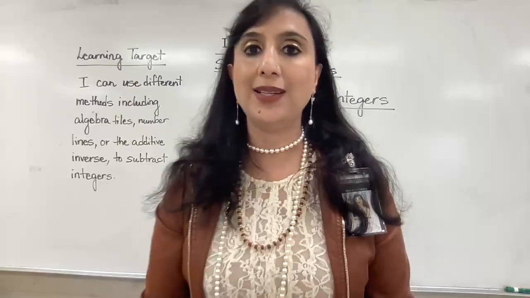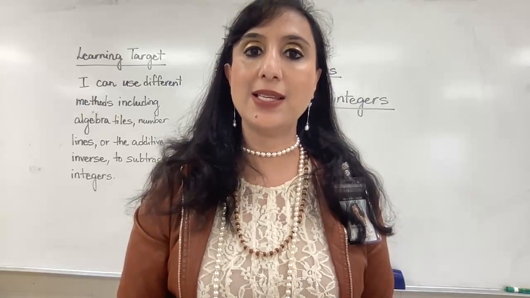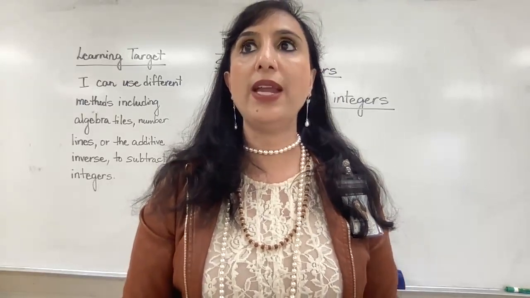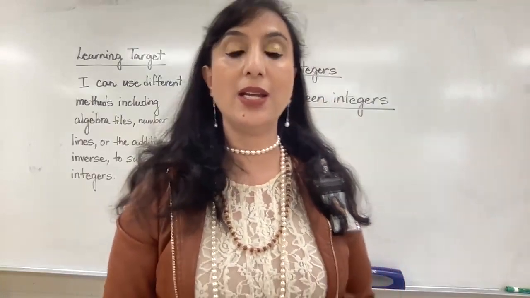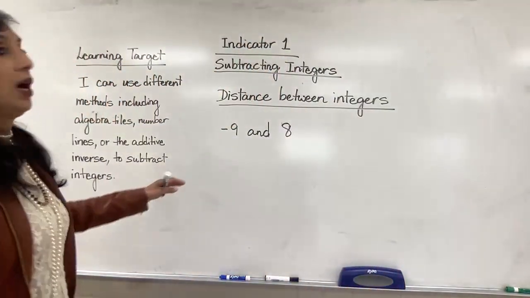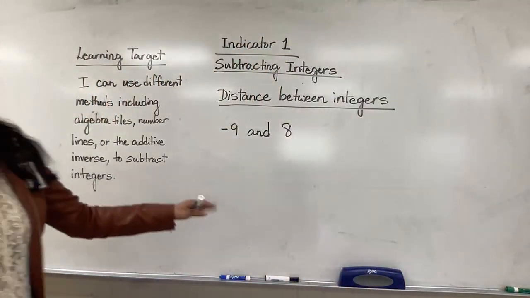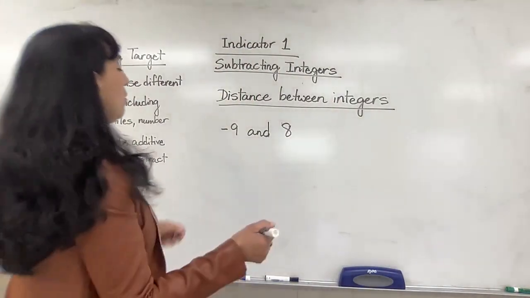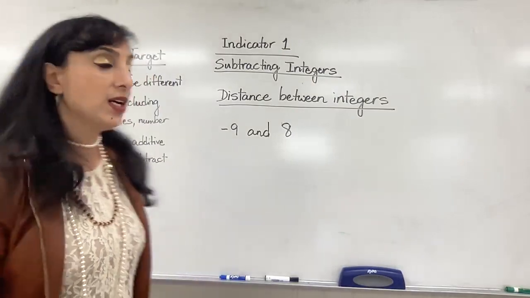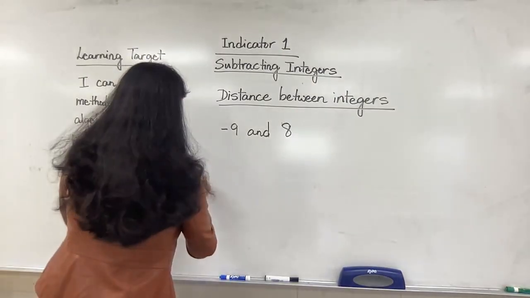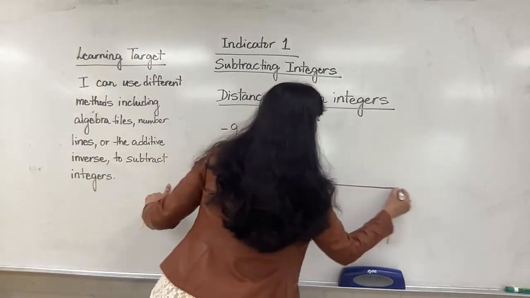All right, and then the last thing in this lesson is finding the distance between integers. I can use either a number line or the absolute value in order to solve this. If I have two integers, like -9 and 8, and I need to find the distance between these integers, all I'm doing is this.